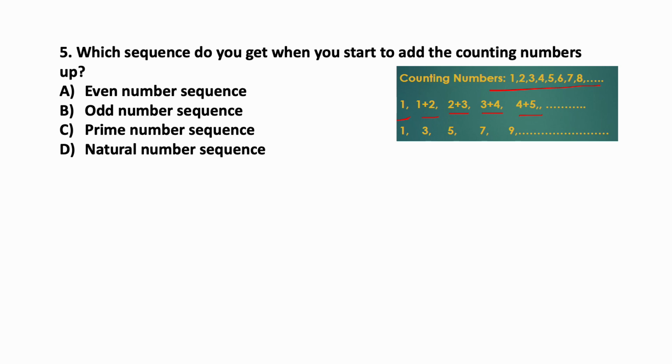First one is 1, then 1 plus 2, then 2 plus 3, then 3 plus 4, then 4 plus 5. So, 1 plus 2 is 3, 2 plus 3 is 5, 3 plus 4 is 7, 4 plus 5 is 9. Which series did you get? Odd number series. 1, 3, 5, 7, 9. They are odd numbers. So, you got odd number sequence.